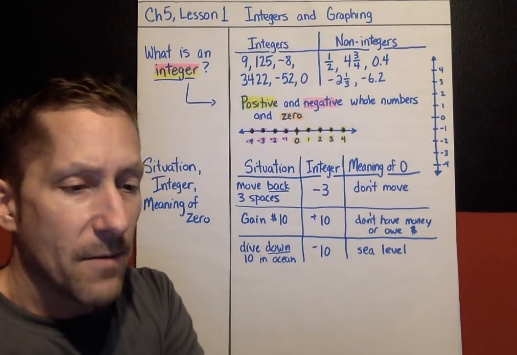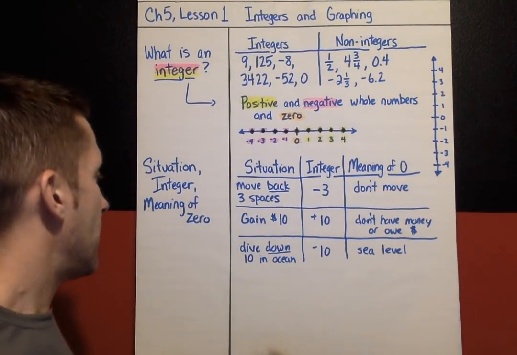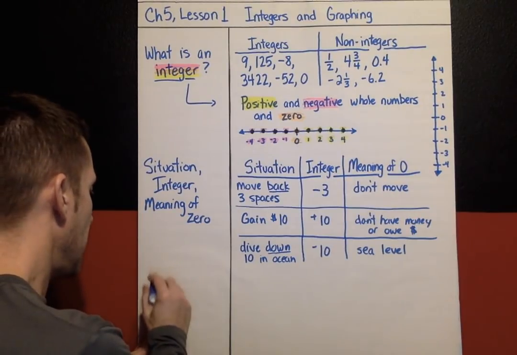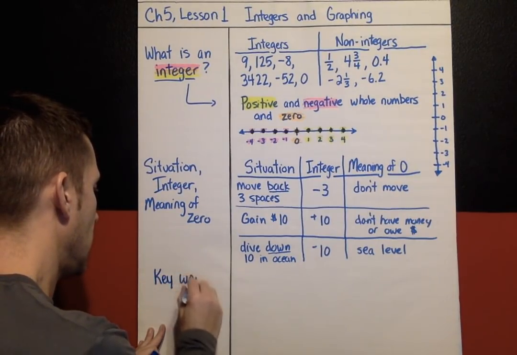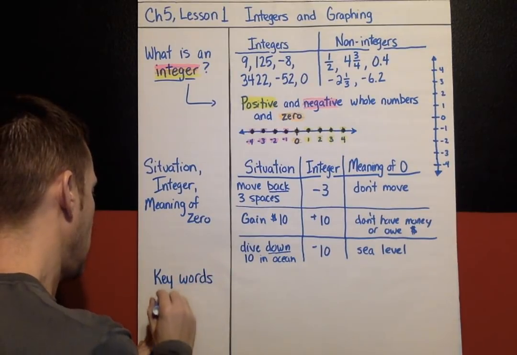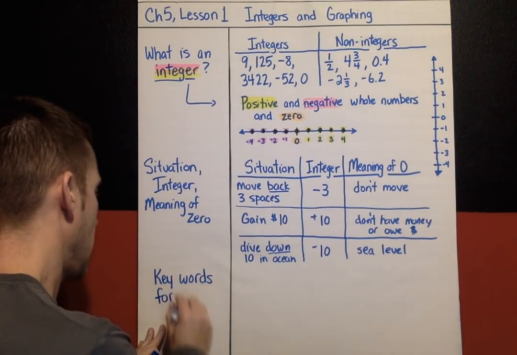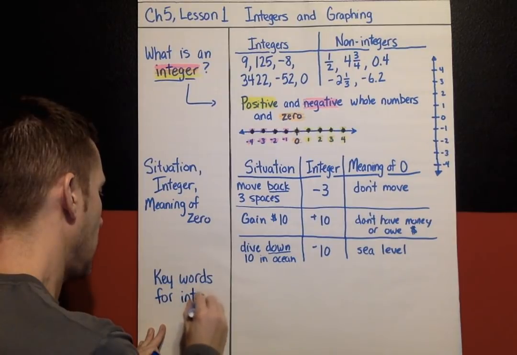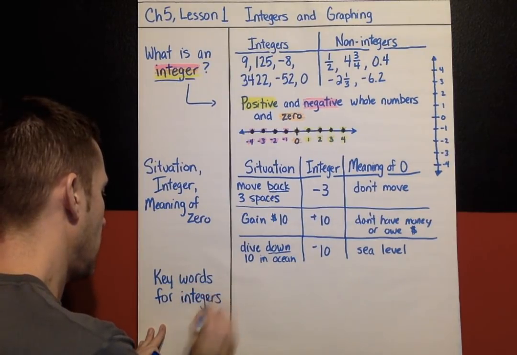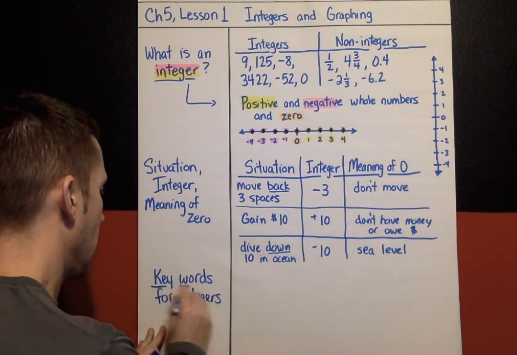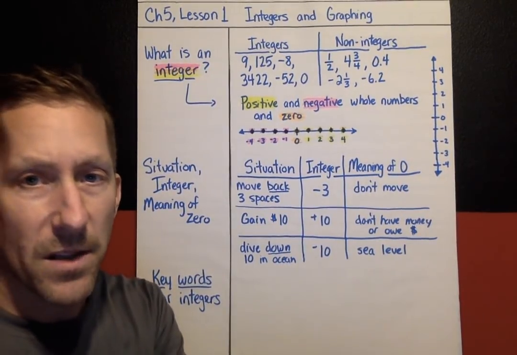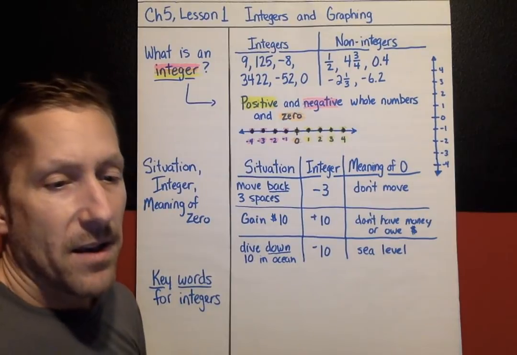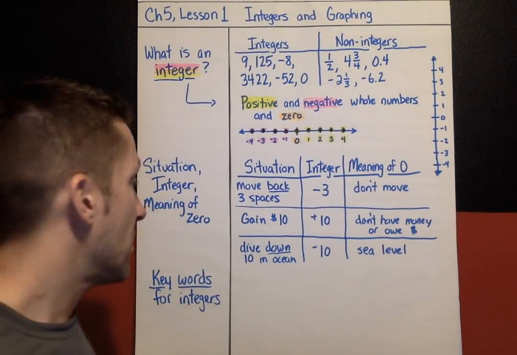Okay, the last thing I want to do is write down some key words. Keywords for integers, and there are many more than the ones that we're going to write down, but this is a good list to get started.